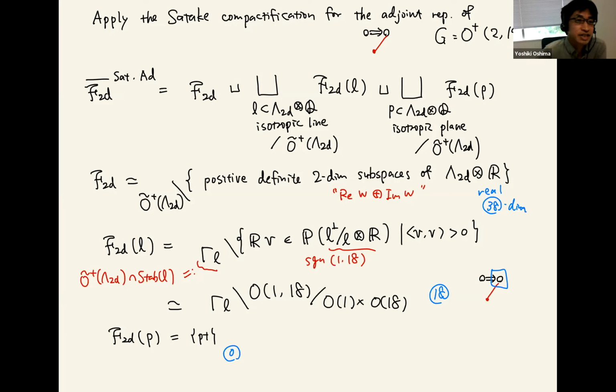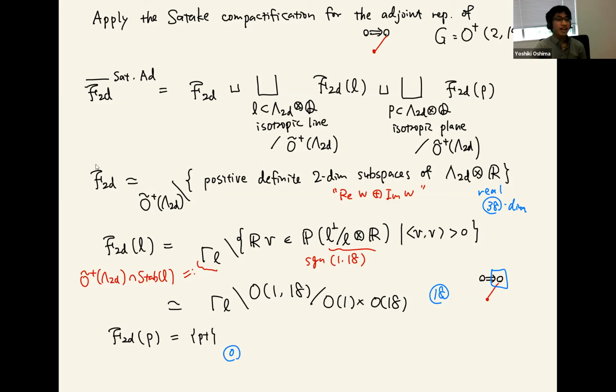So L is an isotropic line defined over Q. L runs over such isotropic lines up to this O tilde plus. And P is an isotropic plane. These are finite, so this is a finite stratification.